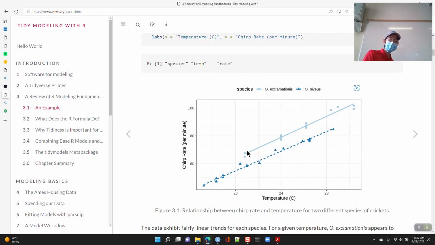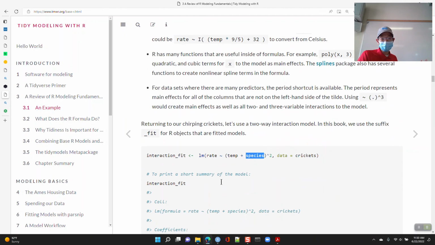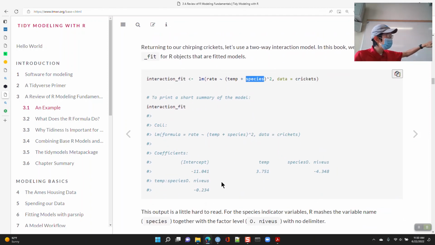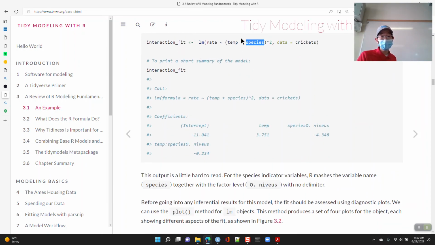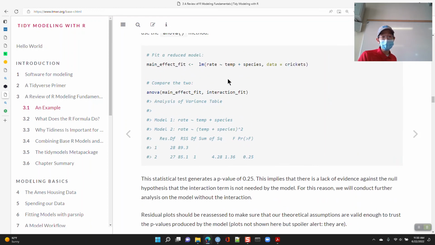So we don't really see an interaction because these two lines are parallel. And so as you read through this, please make sure we first fit a model with an interaction effect, and later on we fit a model that doesn't have the interaction.